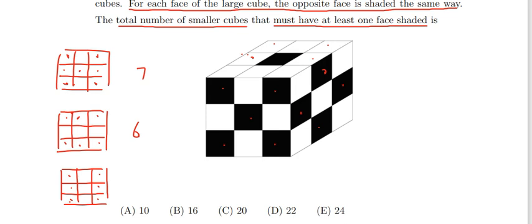And because here we have one black, so then this one also should be. So that one black. Okay, so we have 7. As a total, adding them up, we have 20.